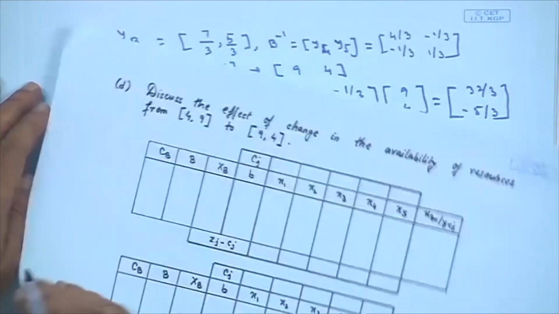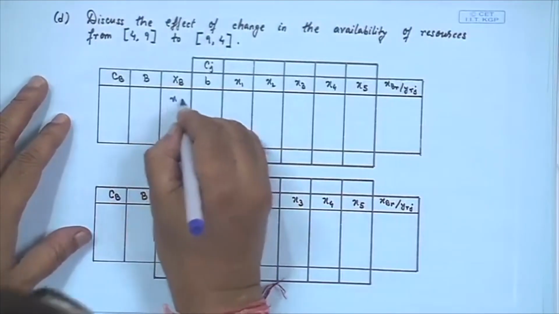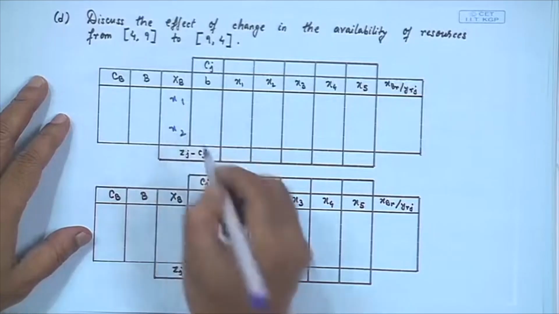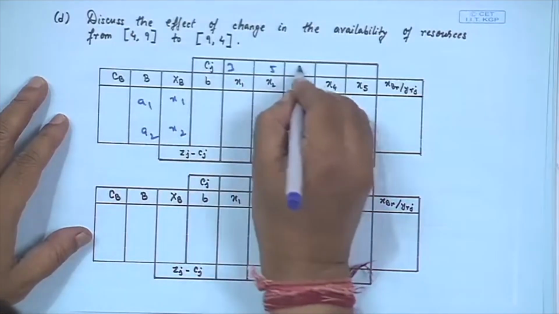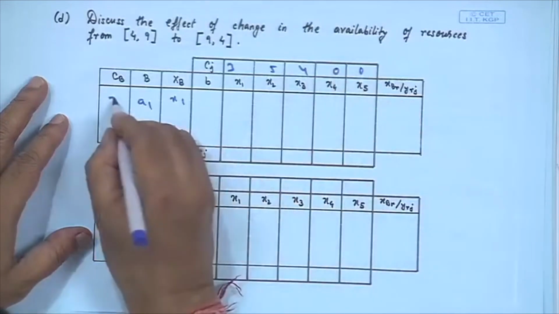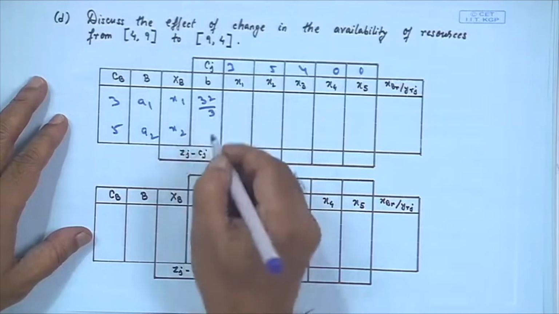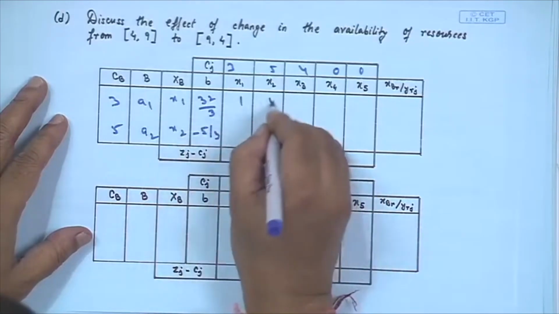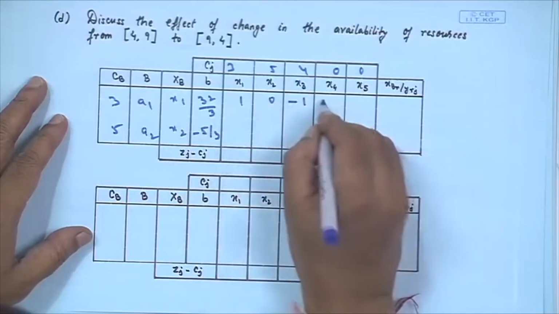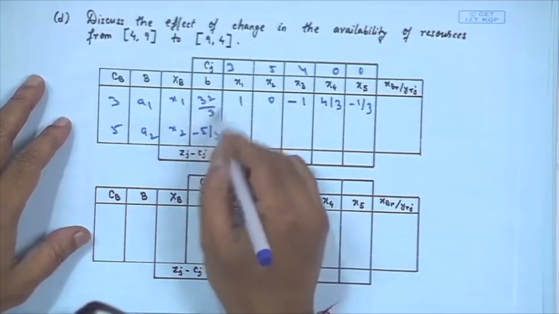So, here I can calculate this thing. You have x1 x2, you have a1 a2, 3 5 4 0 0, 3 and 5 will come over here. These values you will obtain: minus 32 by 3, minus 5 by 3, 1 0 minus 1, 4 by 3, minus 1/3. I have changed this value.